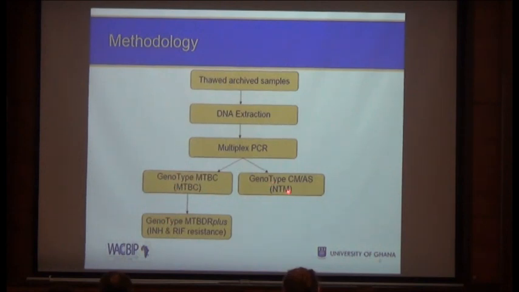Then we use the GenoType CM/AS for the NTM. After that, for the complex, which causes the true TB disease, we use the GenoType MTBDRplus for isoniazid and rifampicin resistance. All the kits have the same assay procedure, but the only difference among them is the types of probes that are used.